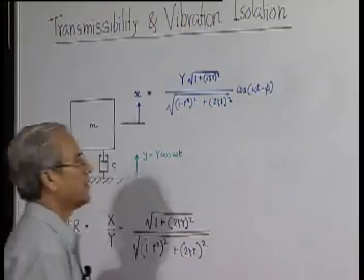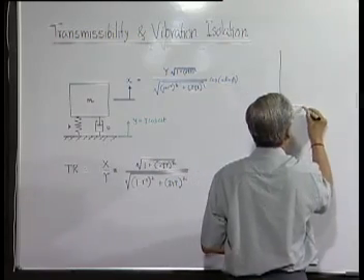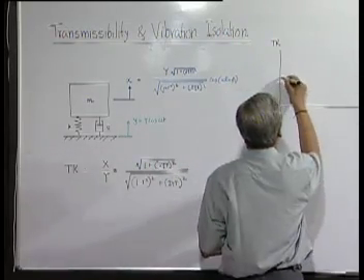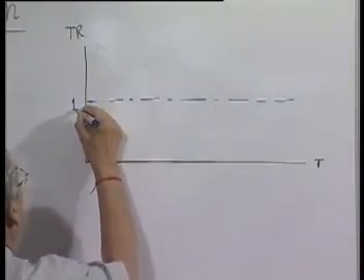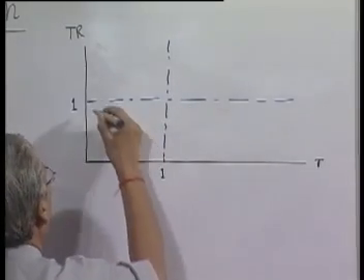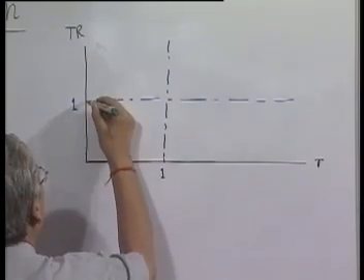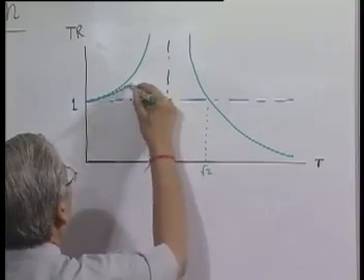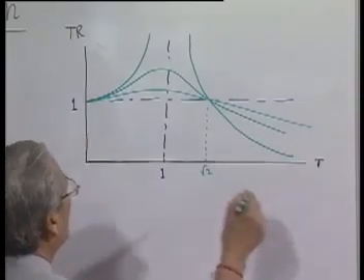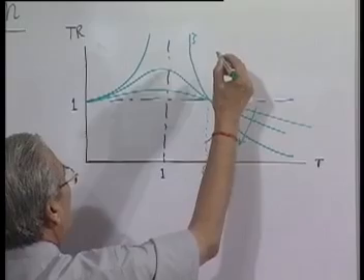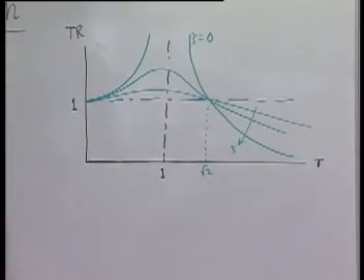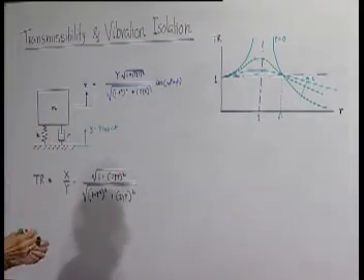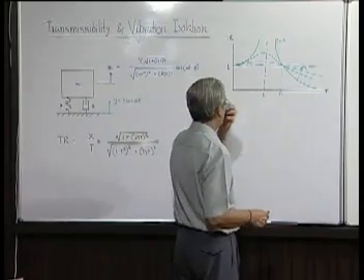We have already seen the transmissibility plotted against the frequency ratio, with zeta increasing, and both at r equal to 0 and r equal to 0.2, transmissibility is always 1.